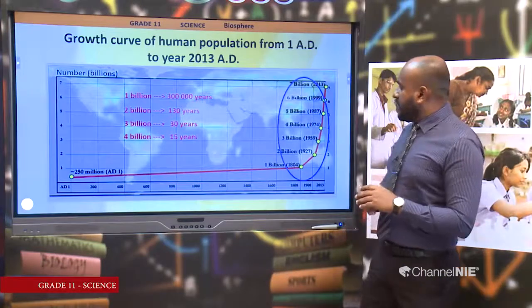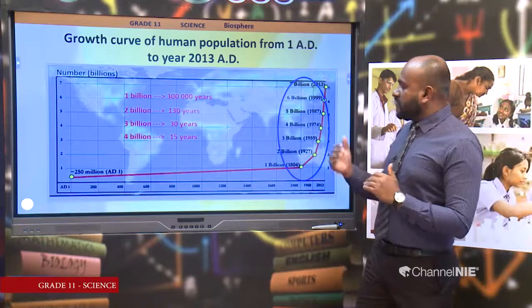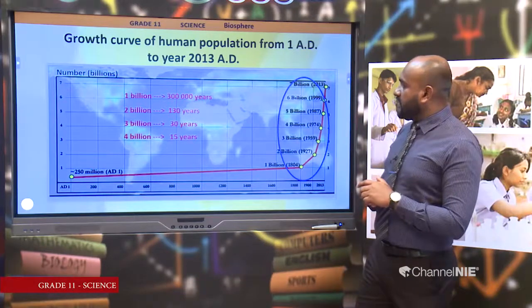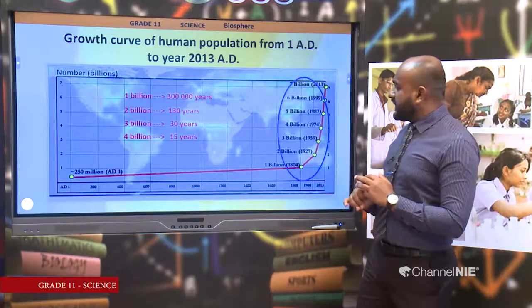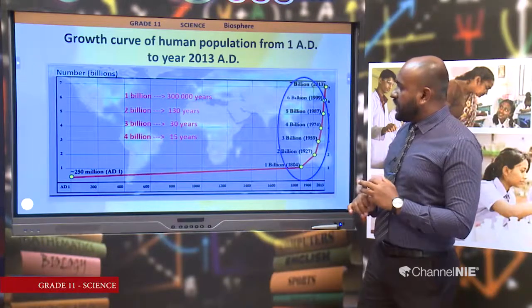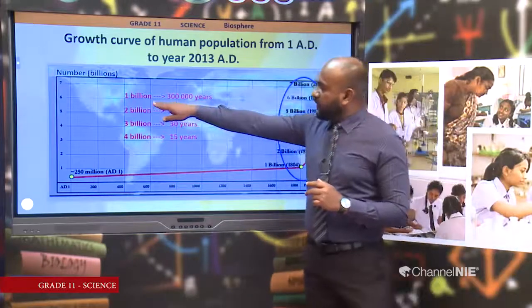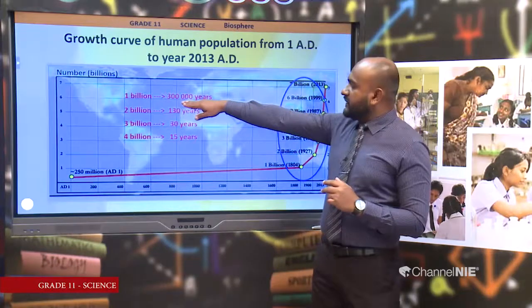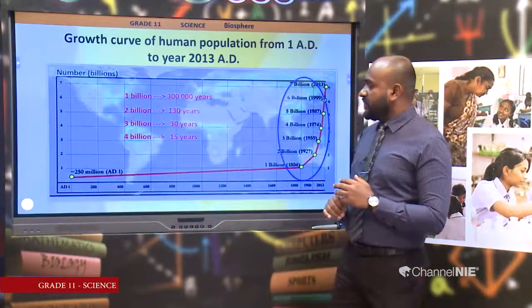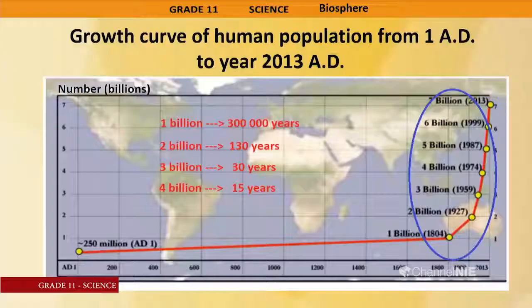Yeah, here also you can see how the population of the humans has increased with time, and you can see for the human population to become 1 billion, it has taken 300,000 years, but it has become 2 billion in 130 years, and it has become 3 billion in 30 years, and it has become 4 billion in 15 years.